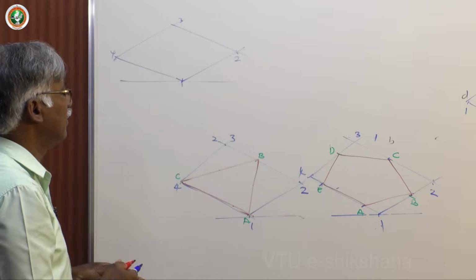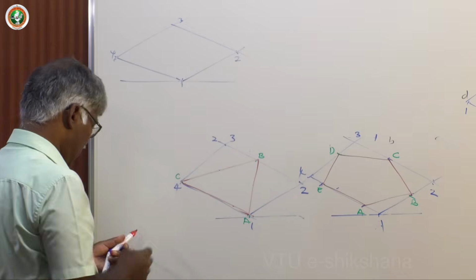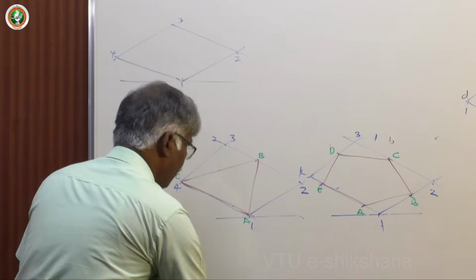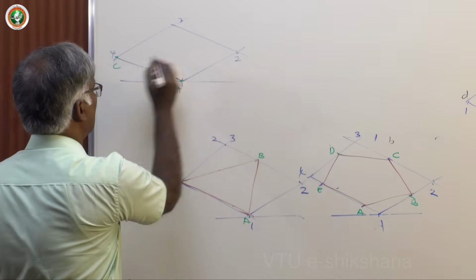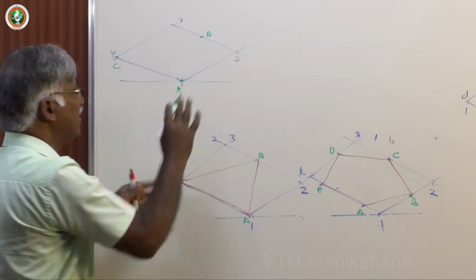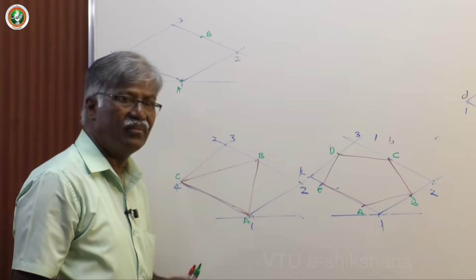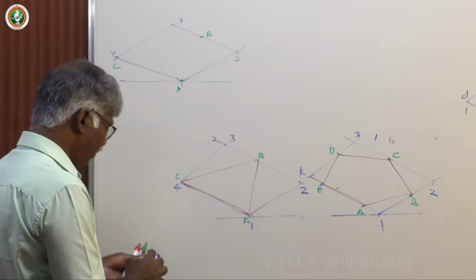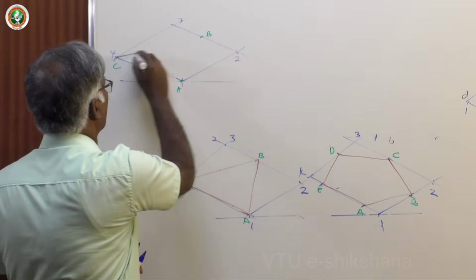And then mark these points as the points. This is A, this one is C, this one is B. Assume that it is the base of the triangular prism. Now keep it light, join them, keep it light, don't make it dark.